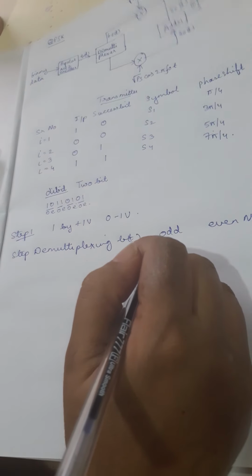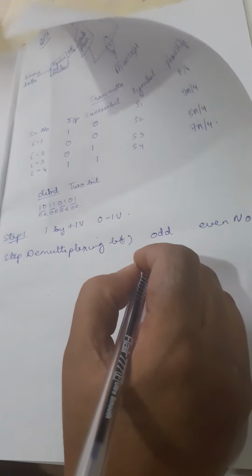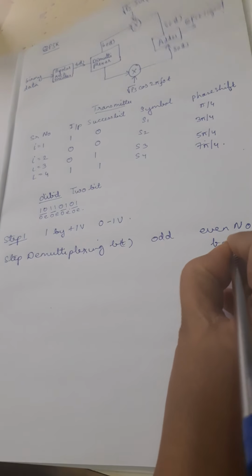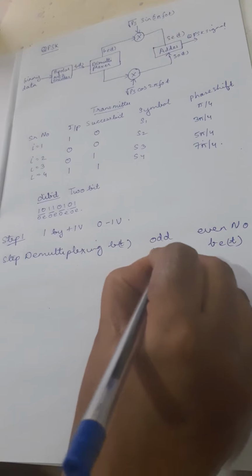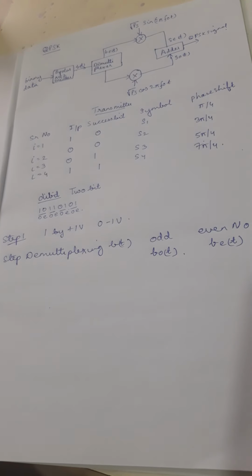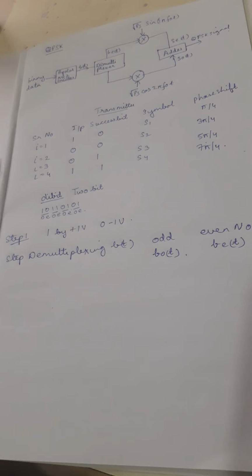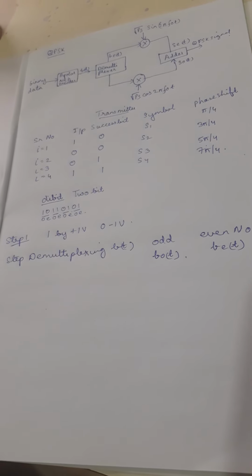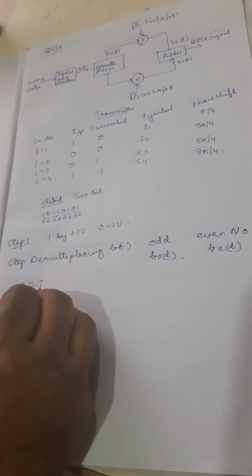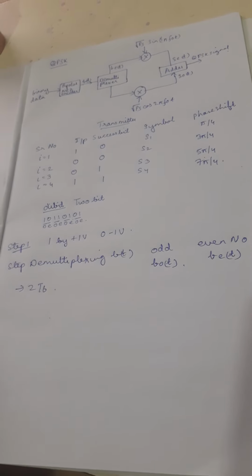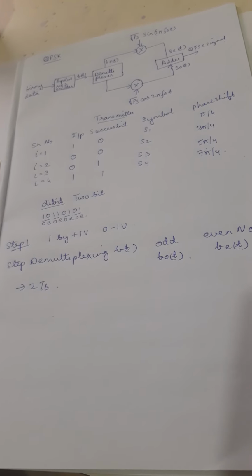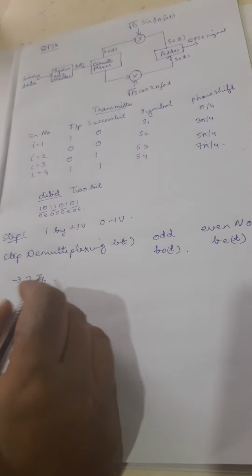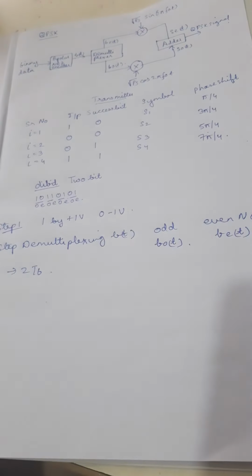Now B of ET is the even number sequence, B of OT is the odd number sequence. So the one sequence will be of 2 TB. You can see in the figure that the sequence is divided into B of even and B of odd sequence.